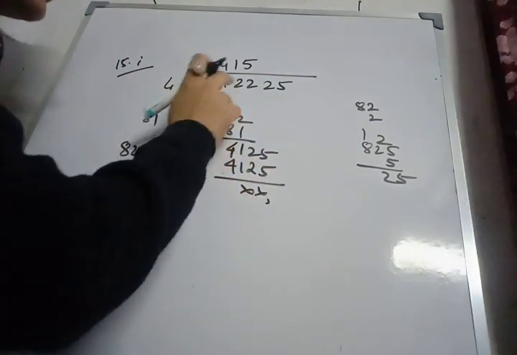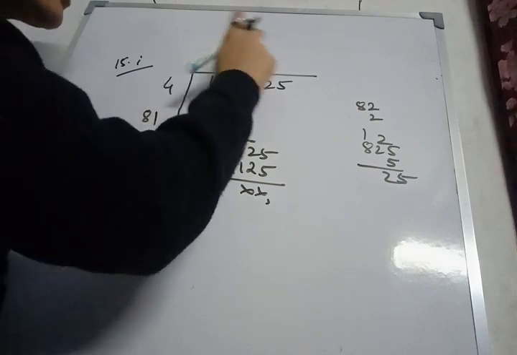Okay, so this is the square root. Square root of 172225 is 415.